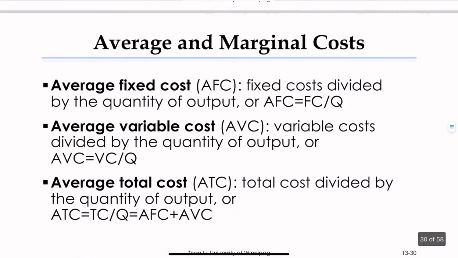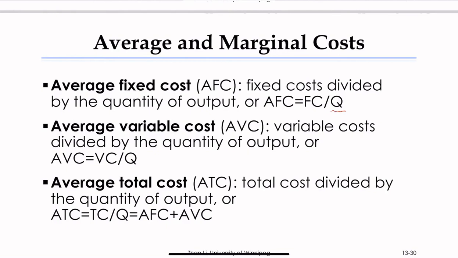And then after defining fixed cost, we can define average fixed cost. Well, this is easy, right? So basically, average fixed cost equals fixed cost divided by quantity. Right? So Q refers to the quantity of output.